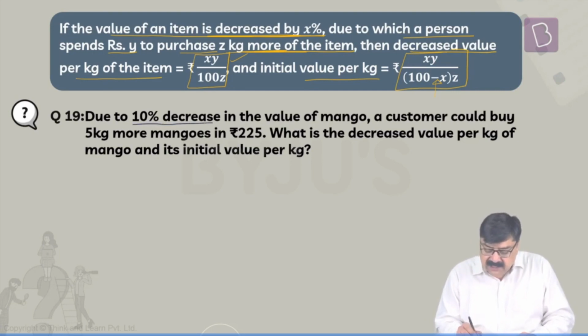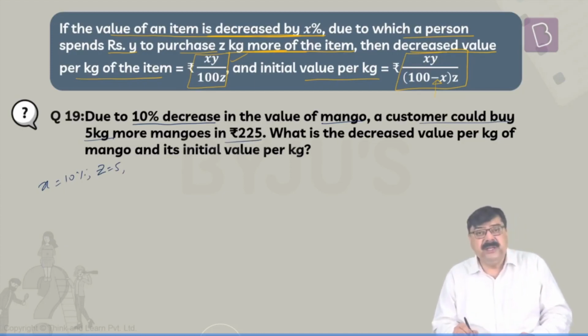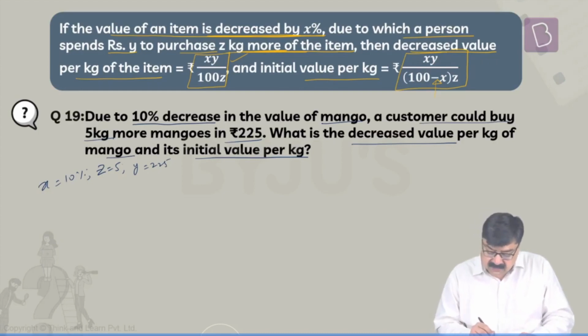Now due to 10% decrease, so X here is 10%. In the value of mango, a customer could buy 5 kg more, so Z is 5 kg. More mangoes in rupees 225, so Y here is 225. What is the decreased value per kg of mango and its initial value per kg? So now decreased value per kg is given by the formula XY by 100Z.